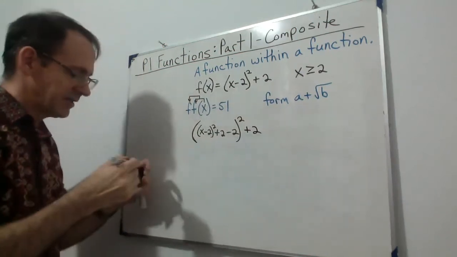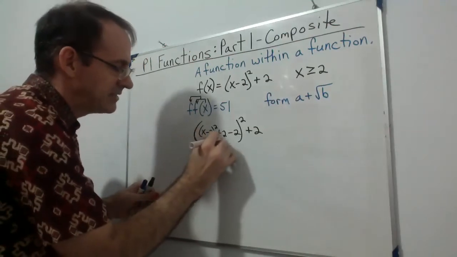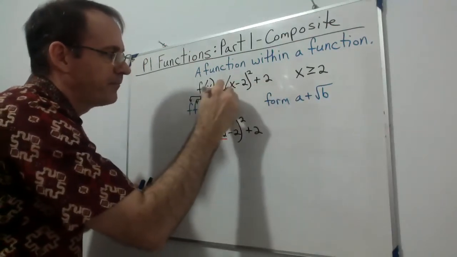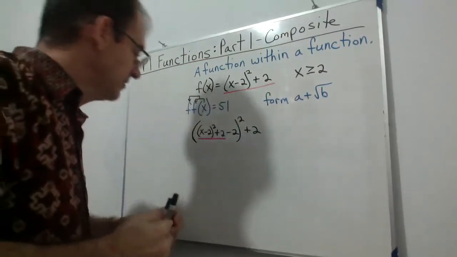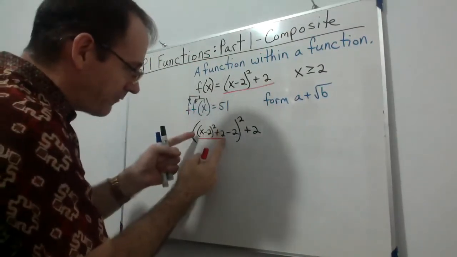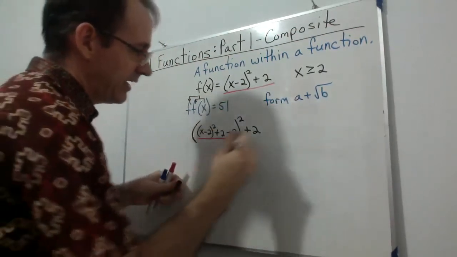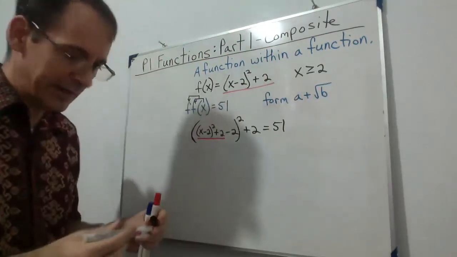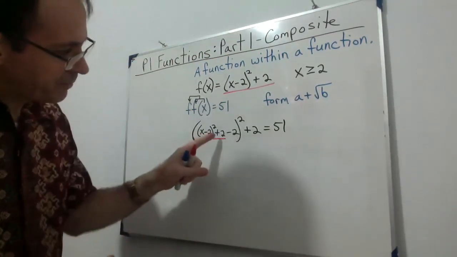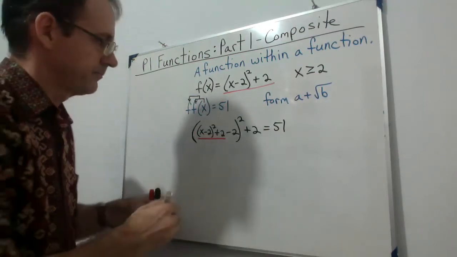So it looks a little intimidating, but it goes back to what I said. They've set this up for a reason. And if you notice that when we plug our f of x into f of x, and then it's an equation on top of that, so we put the equals 51 at the end, that this plus 2 and minus 2 actually cancel out, okay?